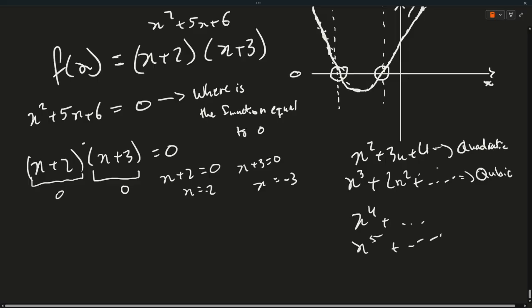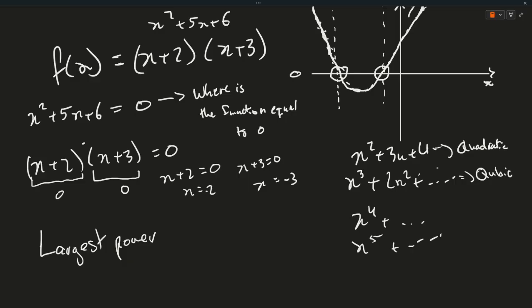It could be anything. And the thing you need to know about polynomials is that the largest power of the polynomial, for example, for a cubic it's 3 here, for a quadratic it's 2, is always the number of solutions of that polynomial.